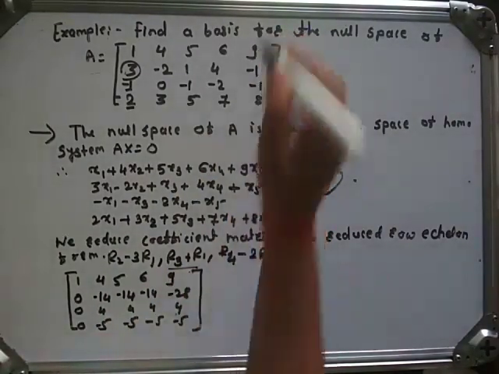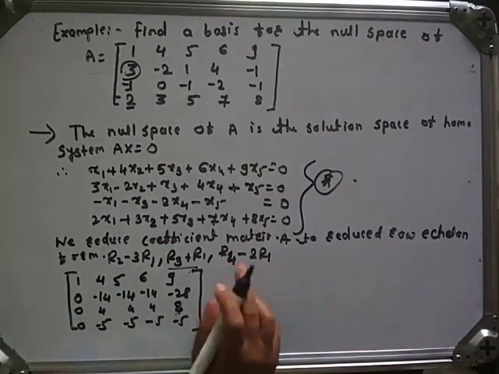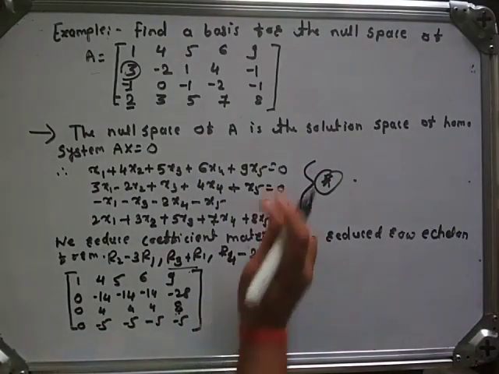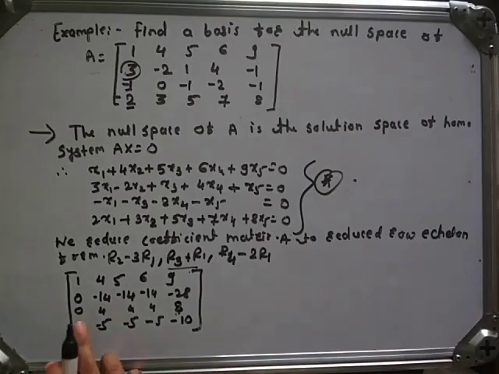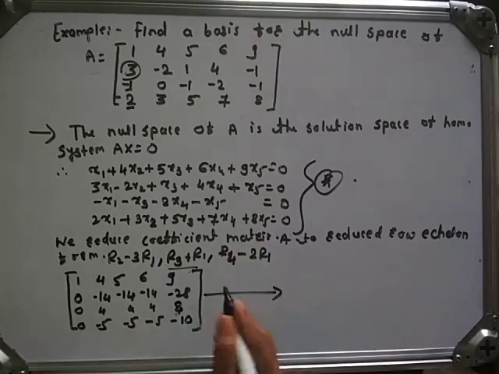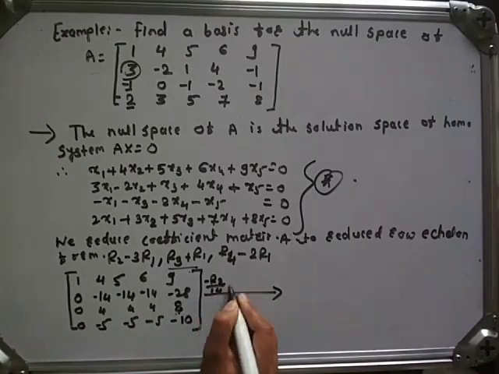So -1 plus 9 is 8, and R4 minus 2R1 means 8 minus 8, minus 18 is -10. Okay.